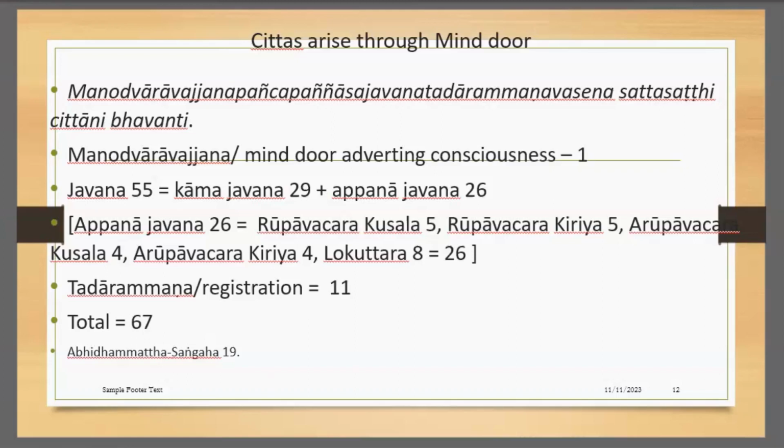We have already learned 29 Kama Javanas. How many Appana Javanas? There are 26: Rupavachara Kusala 5, Rupavachara Kiriya 5, Arupavachara Kusala 4, Arupavachara Kiriya 4, Lokuttara 8. Altogether 26 Appana Javanas.